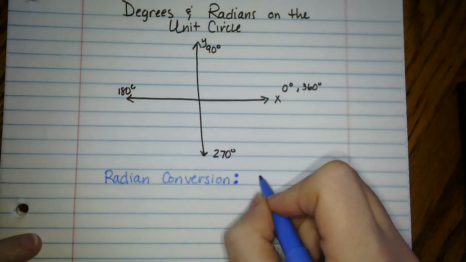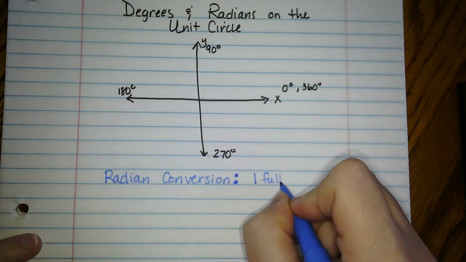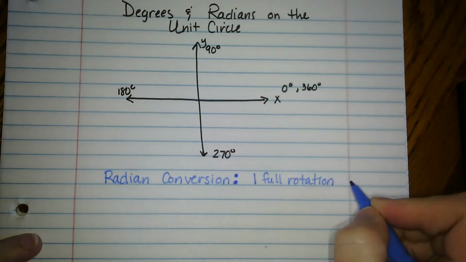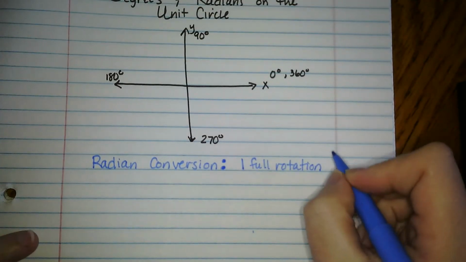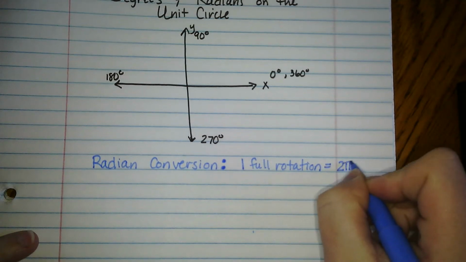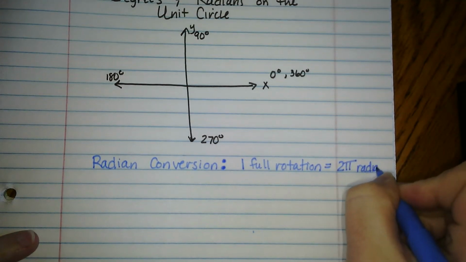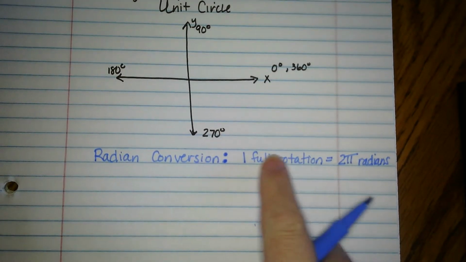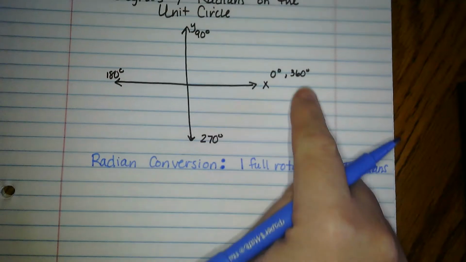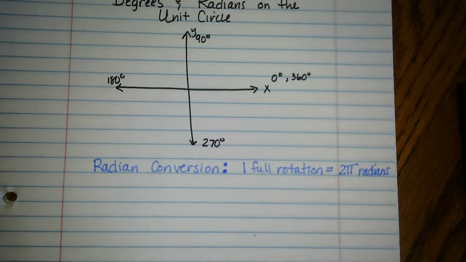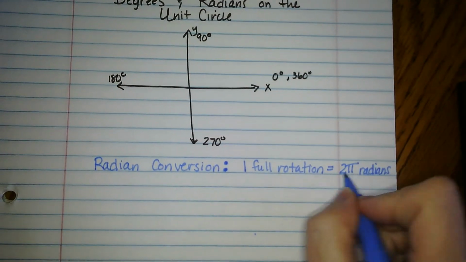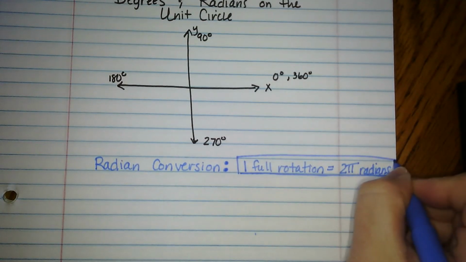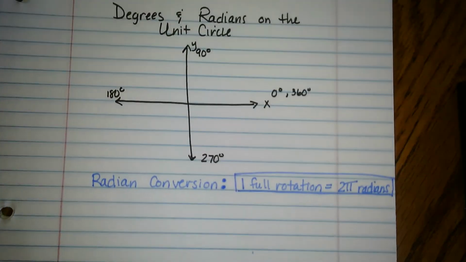And that is that one full rotation, which is a complete circle, 360 degrees, is equal to 2 pi radians. And that is going to be crucial. So knowing this fact right here is going to help us get the other 3 spots.